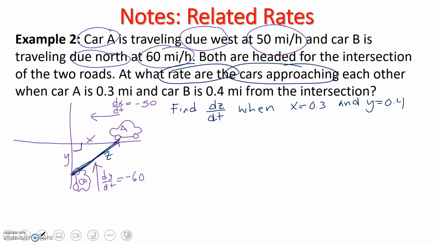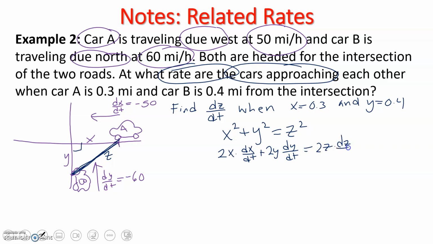All right, so we need an equation that relates x, y, and z. Now, seeing as this is a right triangle, we know the relationship is based on the Pythagorean theorem. So we know that x squared plus y squared is equal to z squared. We'll go ahead and differentiate. We get 2x dx/dt plus 2y dy/dt equals 2z dz/dt.